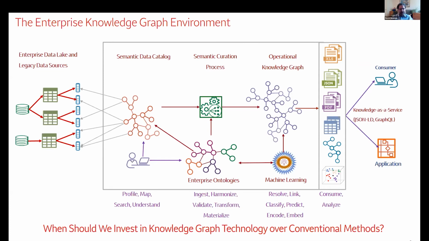In fact, many use cases will demand a relational solution by virtue of the necessities of the use case. However, now with the advent of knowledge graph, which is ready for prime time, it's industrial strength, we have additional tools to add to our tool chest to support certain use cases that a knowledge graph is best equipped for. And I'm going to go into what some of these are.